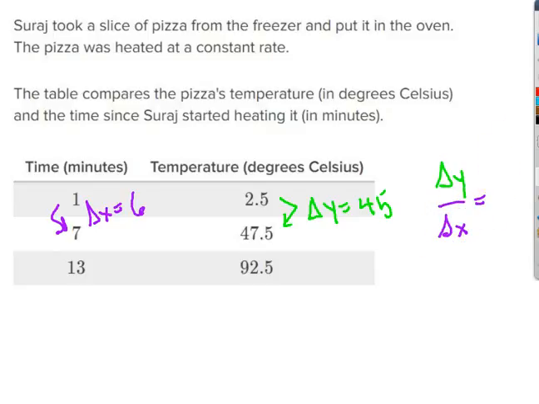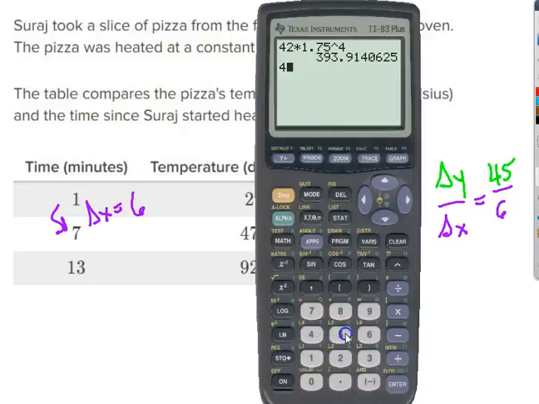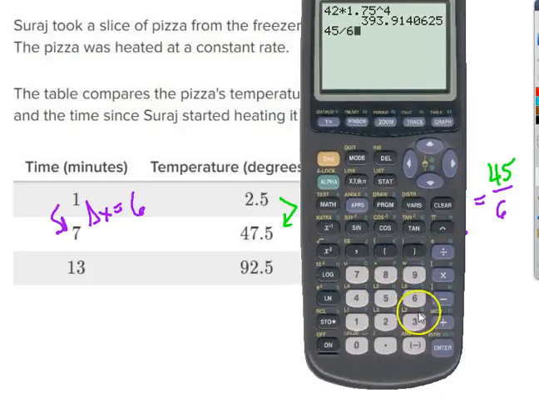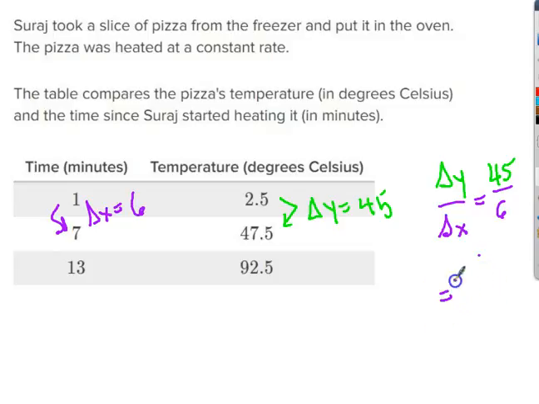I get 45 divided by 6, which I'm going to have to use a calculator for. So 45 divided by 6 is 7.5, so 7.5 degrees. 7.5. It's what per what?